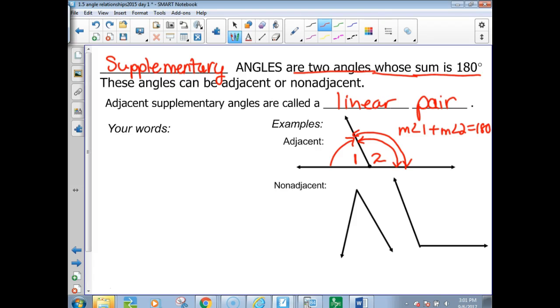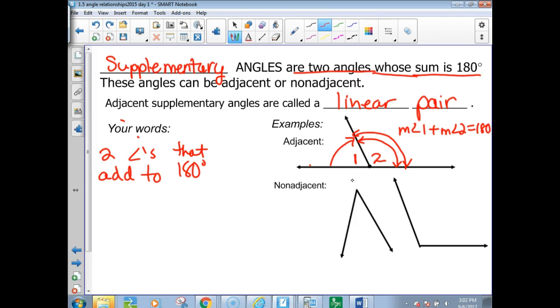Okay, so in your own words, you probably would say two angles that add to 180. Two angles that add to 180. They don't have to be adjacent.